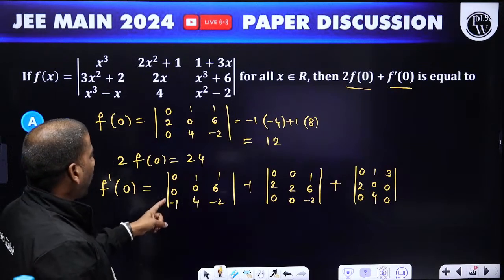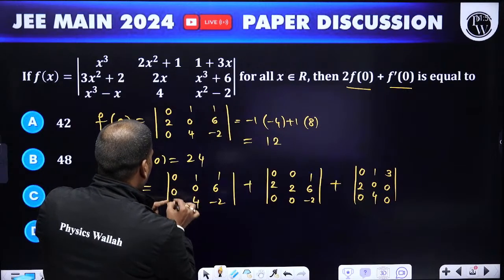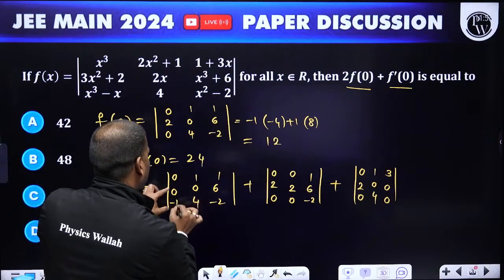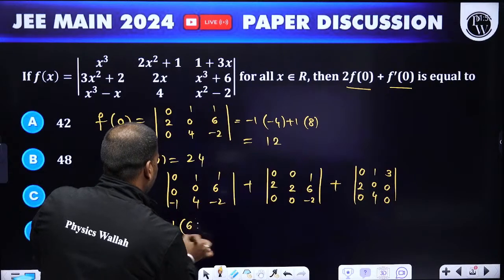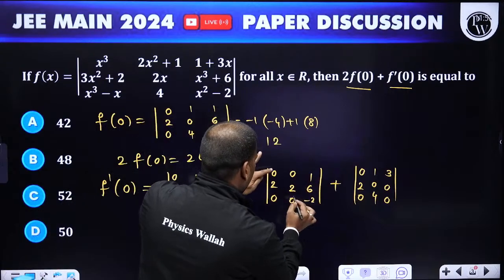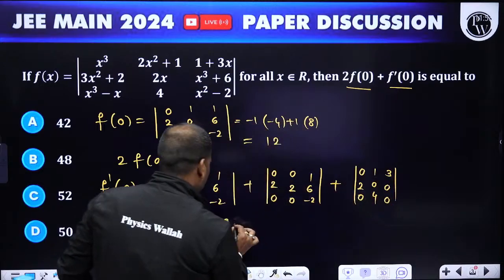So while you are finding the determinant, once look at here, this is equal to 0, 0, minus 1. So minus 1 times its cofactor. What is the cofactor of minus 1? So 6. Now coming to here, 1 time this is 0. This part becomes 0. Here 3 times 8, right?